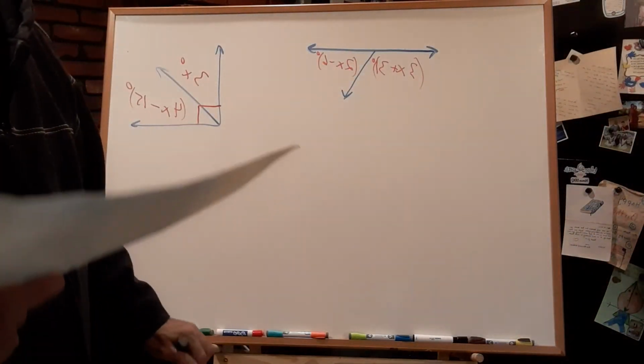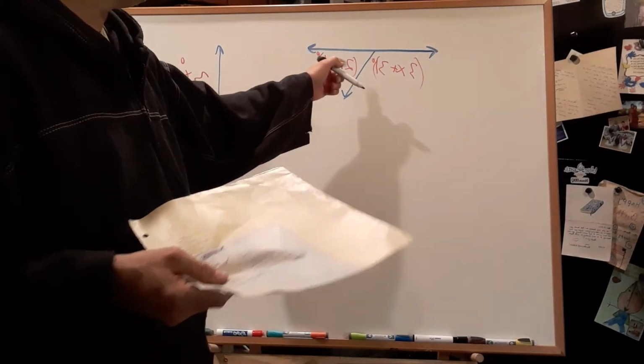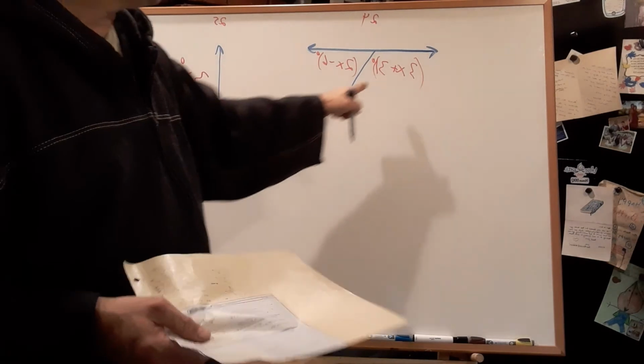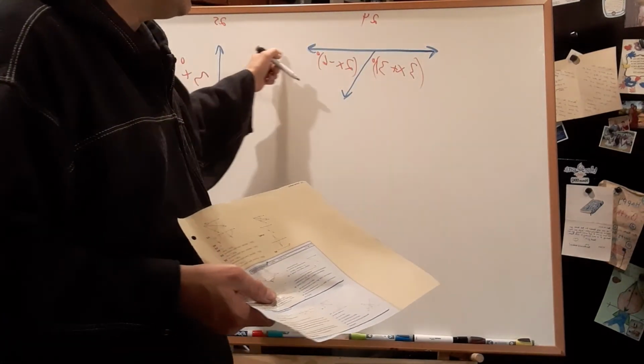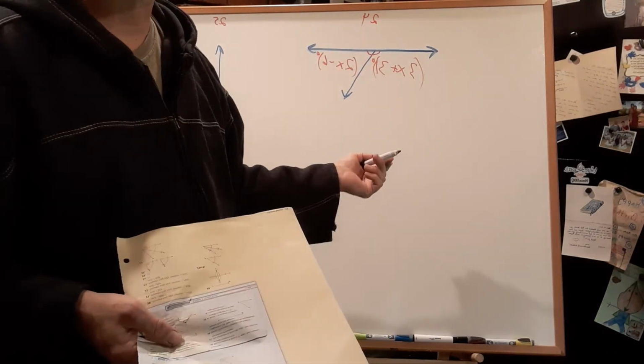All right, so here is 24 and 25. What we know about 24 is that these two are supplementary because that's a line. So that means these angles add to 180.